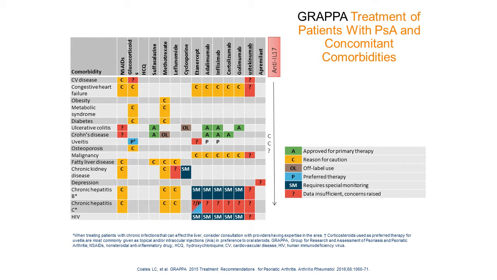But in general, the green boxes, which you can see in the middle there, are approved for primary use and also for both the comorbidity as well as for psoriatic arthritis. And then as you go down to the other color-coded columns, you have proceed with caution, you have off-label use. So these are the areas where we're learning more about how they affect comorbidity as well.